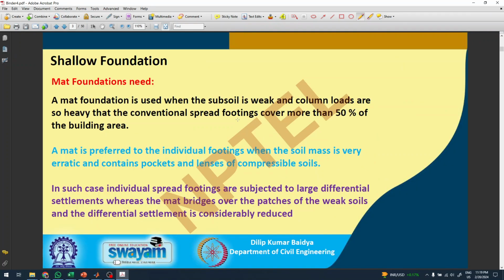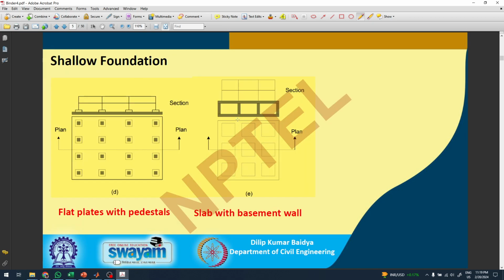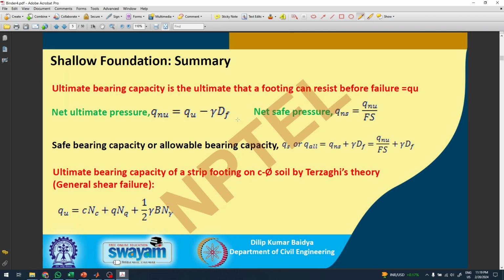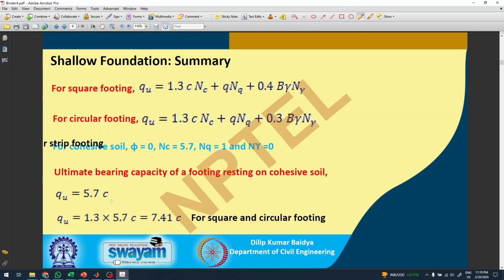So some introduction on MAT foundation, a summary of shallow foundation. If you remember, we have already discussed questions based on Terzaghi's bearing capacity theory. We have discussed these shape factors for this particular theory for square footing, circular footing, for strip footing.